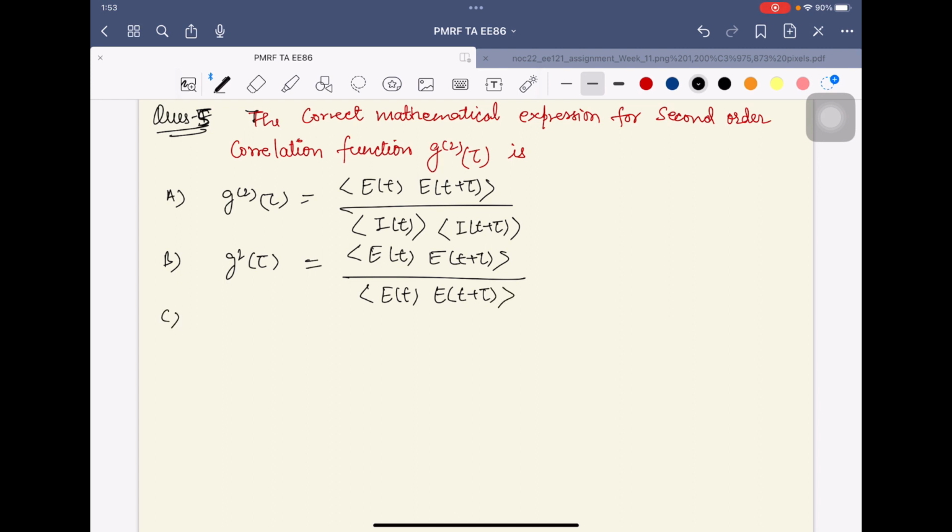The C option is G2 tau is equal to I(t plus tau) divided by I(t) plus tau.